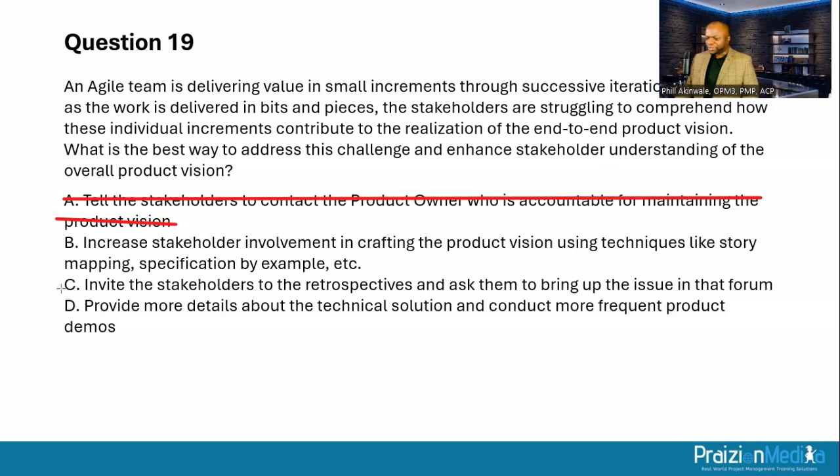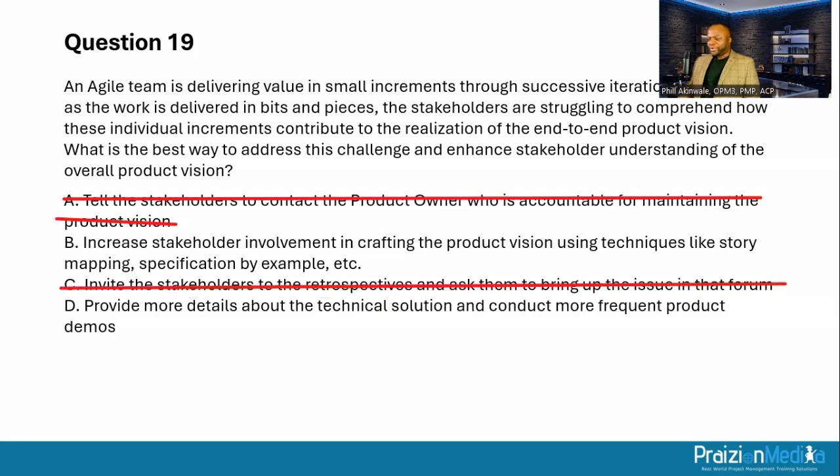Now, while retrospectives are not a bad forum for discussing issues, this is quite reactive. Saying, come discuss the problem, is not better than establishing the vision right from the get-go, because this is reactive.